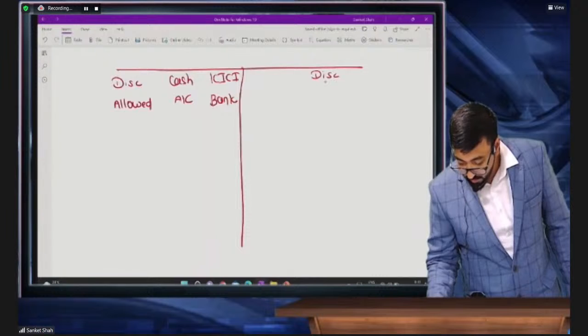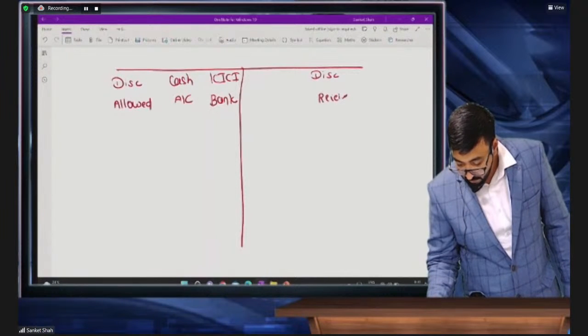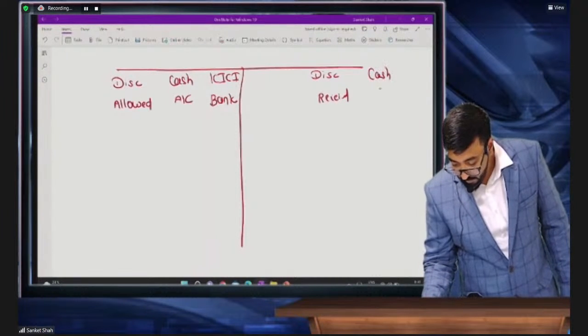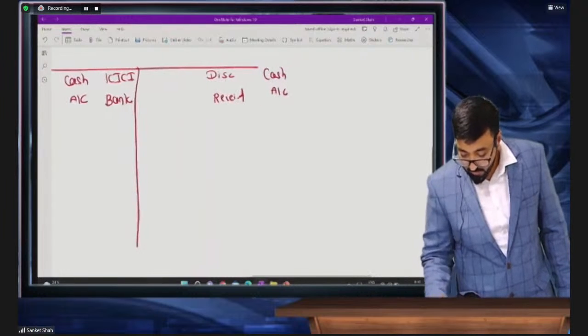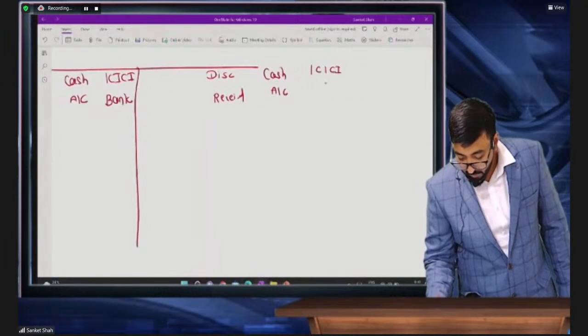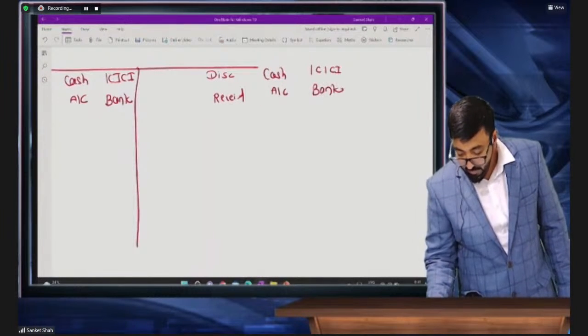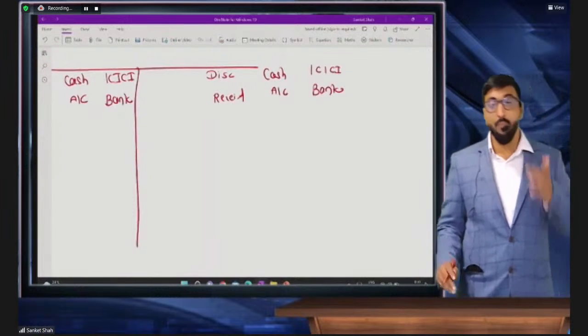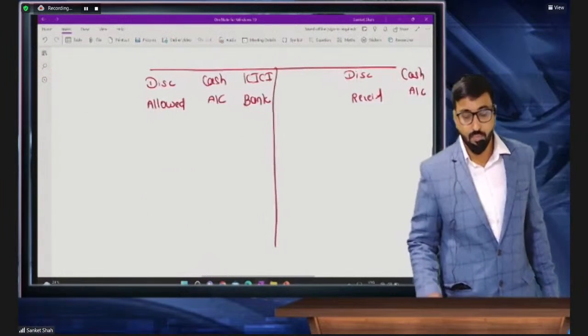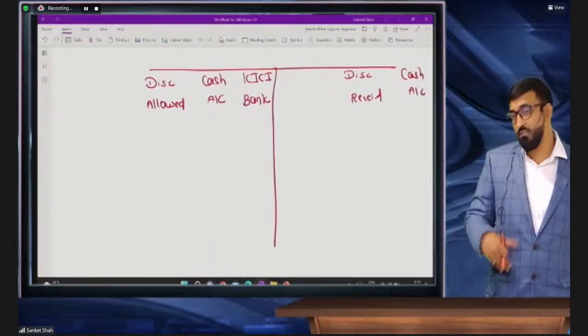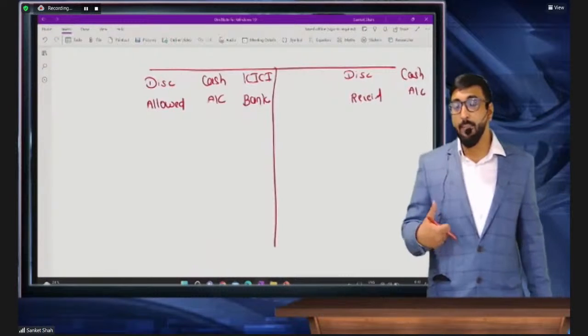Discount received, cash account, ICICI bank account.